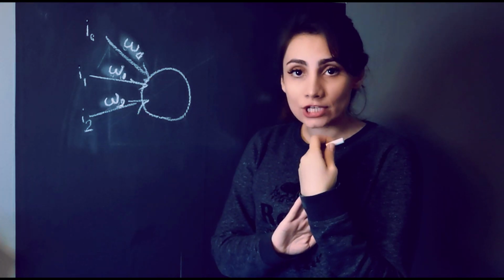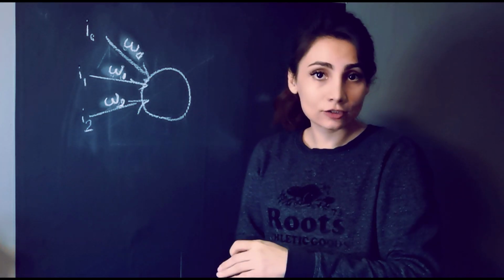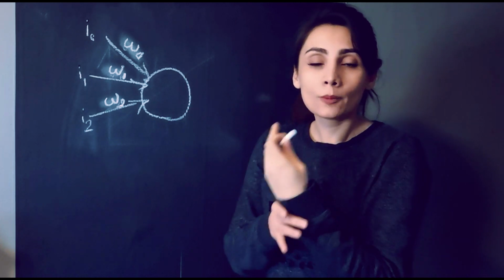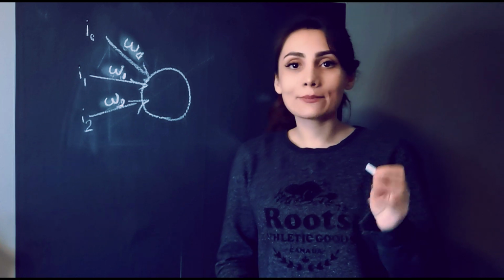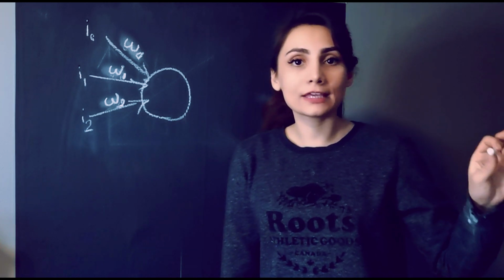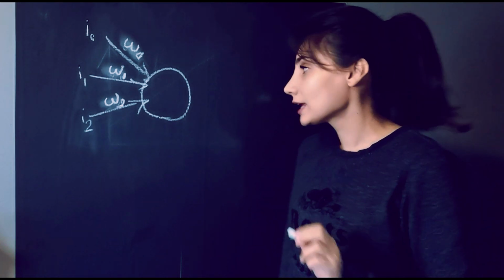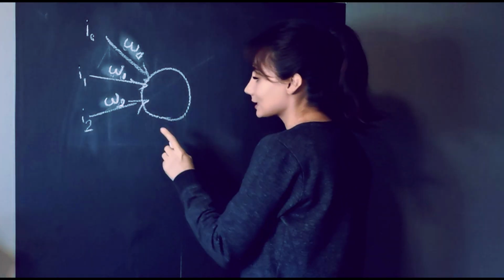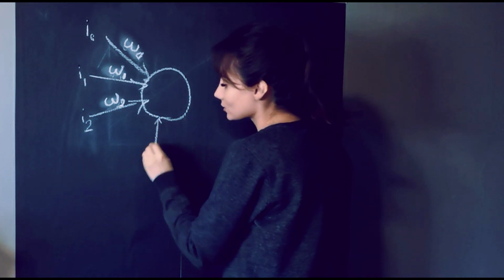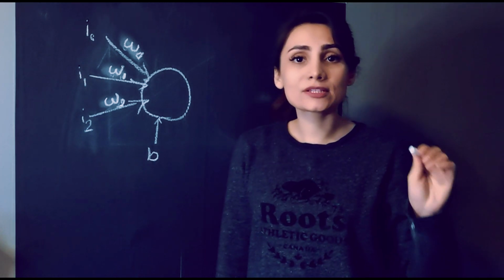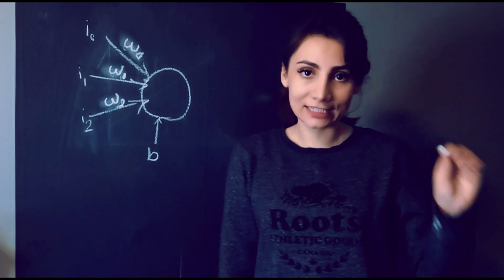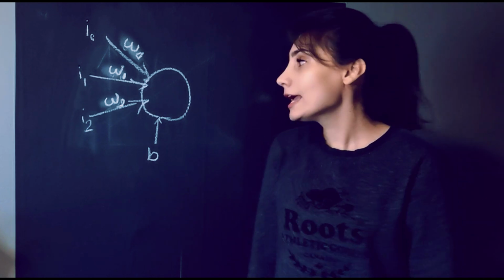So they're not going to change the position. They're not going to take your line up or down, but they're going to change the slope of the line. It's the same as m that we have in the line equation. And then you have another thing that you're adding to this, and that's called bias, B. And this is the same as the y-intercept that we have in the equation of the line.